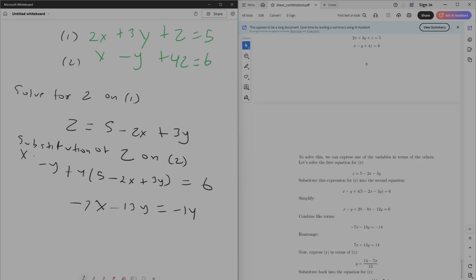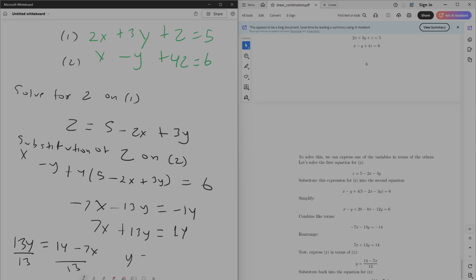Now let's try solving for y. Since they're all negative, we can turn everything to positive. Now we can solve for y. That would be 13y is equal to 14 minus 7x, all over 13.